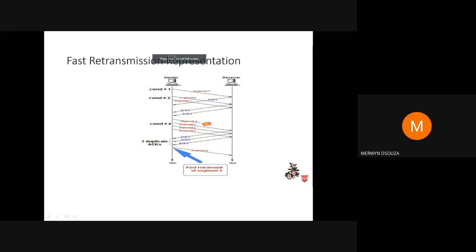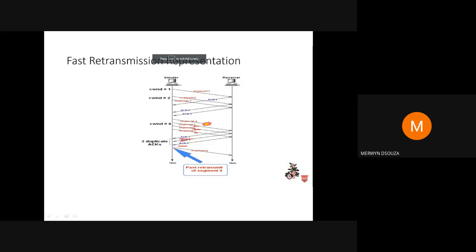And there is no need to retransmit segments 5, 6, and 7. The advantage of sending duplicate acknowledgements is that there's no need to retransmit segments 5, 6, and 7, because these acknowledgements tell the sender that those segments have reached the receiver successfully.